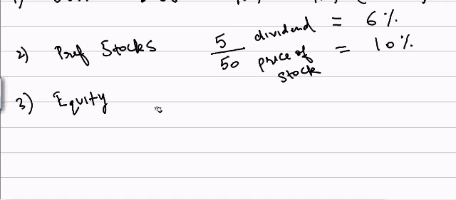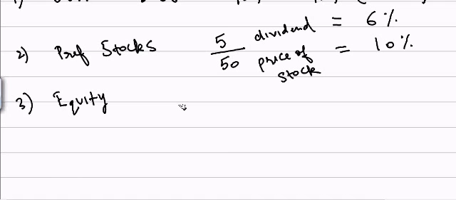Or you can find another partner who is able to invest in your company, and that will also be called equity. Otherwise you can issue new stocks in the market. If you issue new stocks, they will also be a partner, a partial owner of the company, and the money coming from common stocks is also called equity.